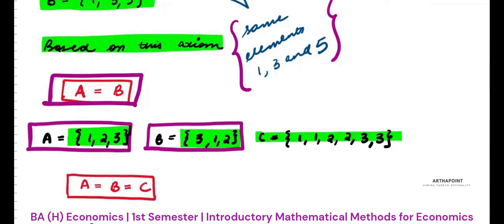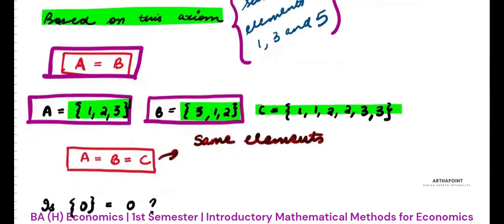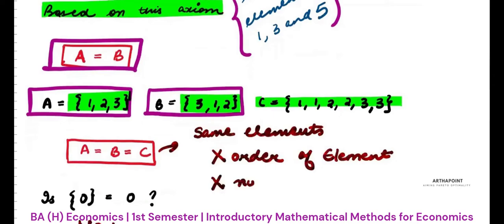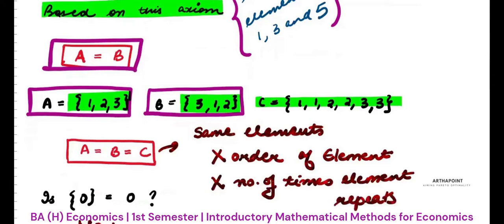Now, equality is only based on the axiom which says that they should have the same elements. We are not concerned with the order of the elements, nor with the number of times that an element appears.